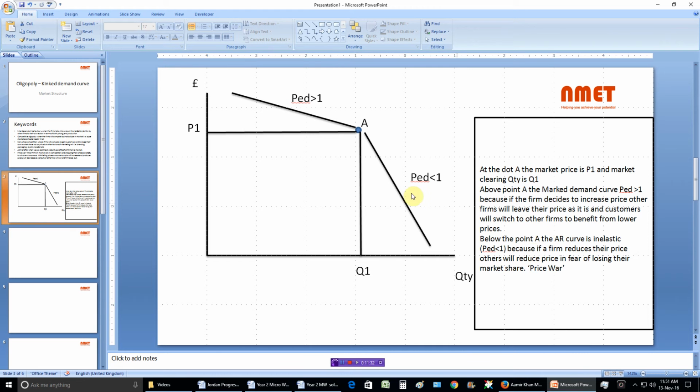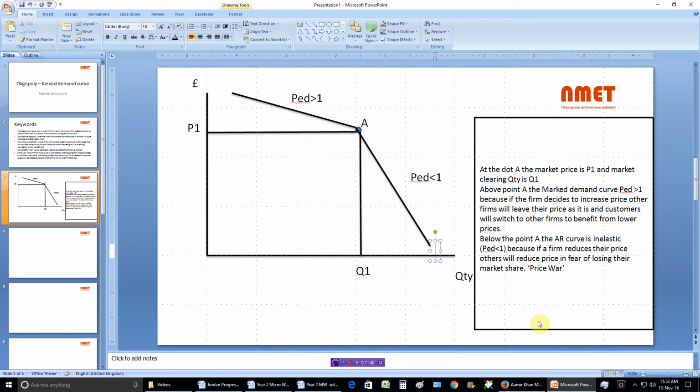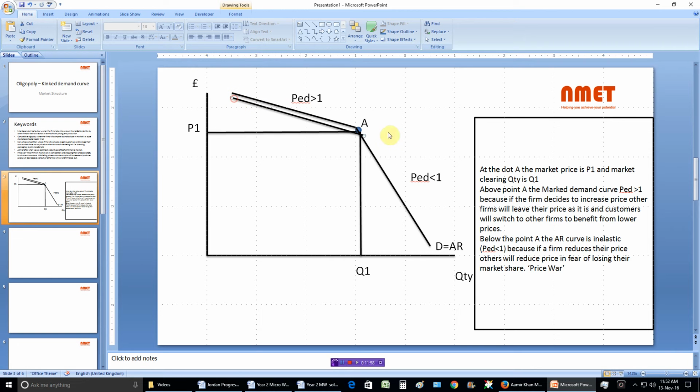So at the dot we've discussed, the PED is less than 1. Why? Because all the firms are reducing their price. And this is our average revenue or our demand curve. From this we need to draw our marginal revenue curve, which, if we remember from our production and cost curves theory and our revenue theory, is twice as fast falling as compared to the AR.